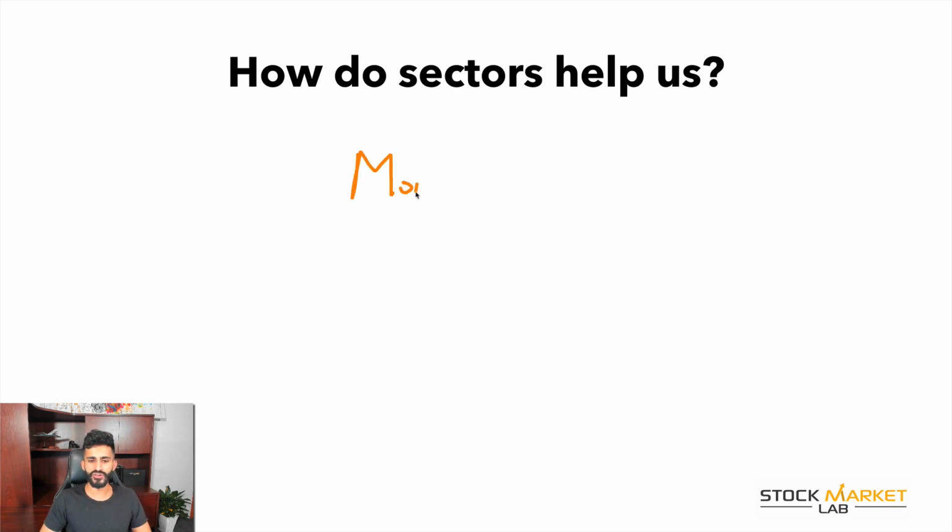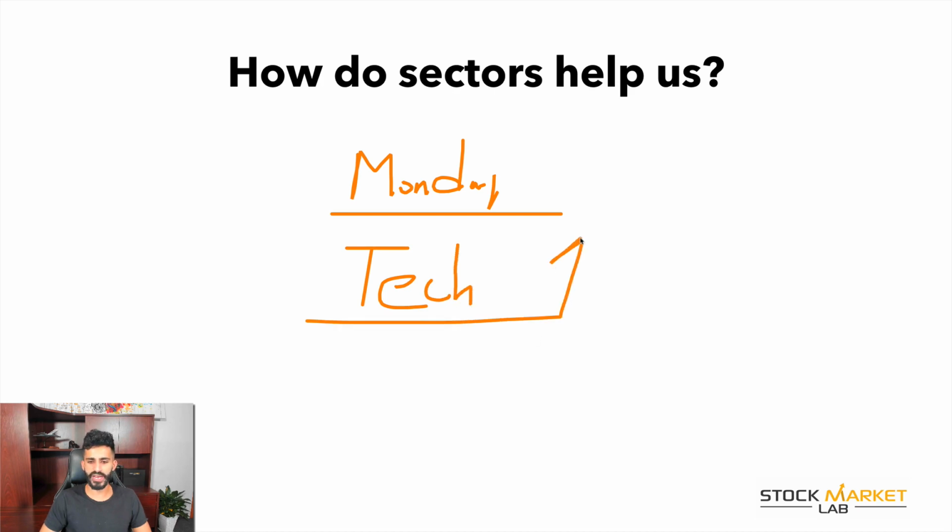And then the third component, for day trading or scalping, is, let's say Monday you're looking to trade, you look at the sectors and you see that the technology sector is looking strong. The technology sector as a whole is getting good news. And when you see that, you're like, you know what? Based on this set of news or events, it looks like it's going to get a push today.